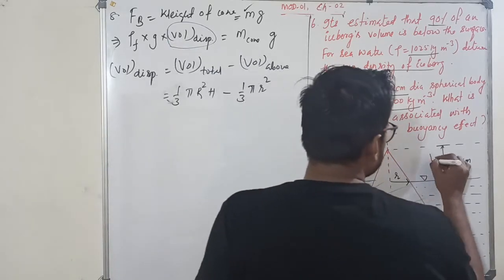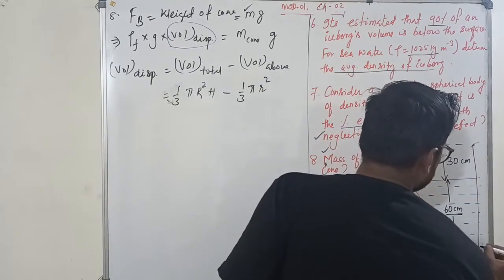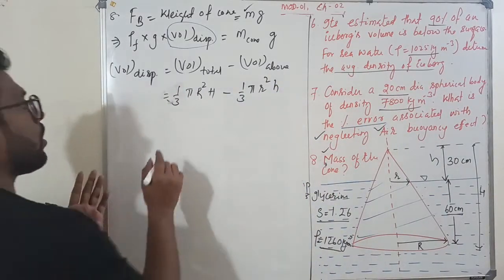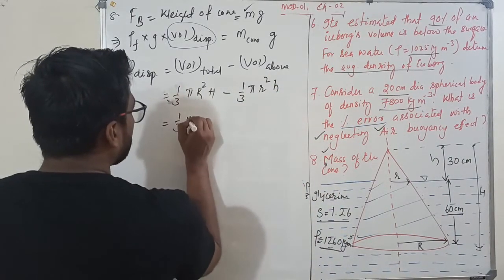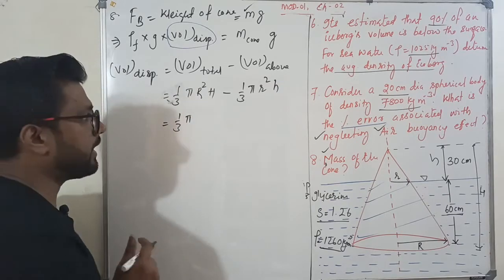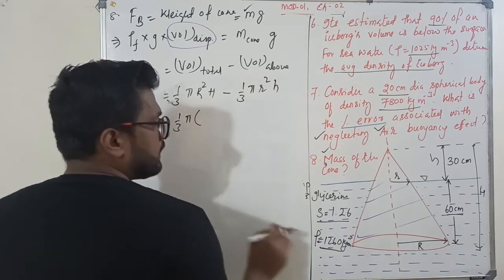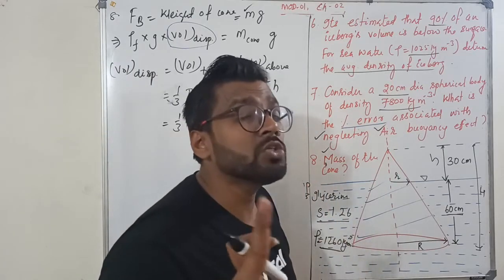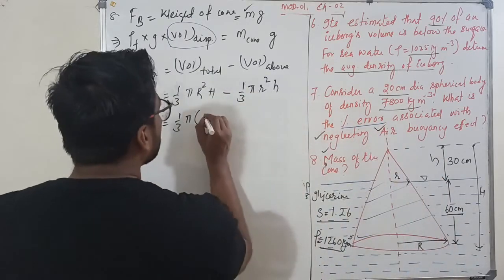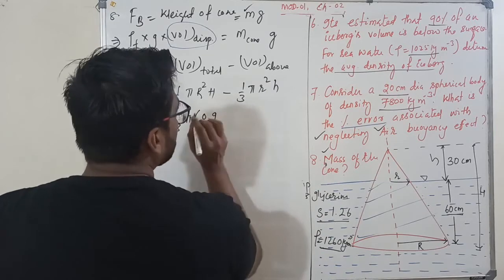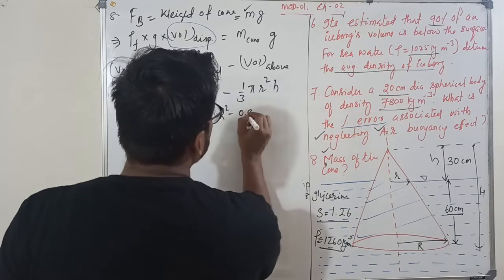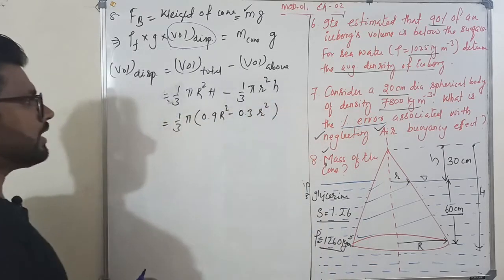Let us say this height is h and the total height is capital H. Take 1 by 3 pi common. What do you have? 60 plus 30, 90 centimeter. Convert into meter, so 0.9 R square minus h, which is 0.3, small r square.